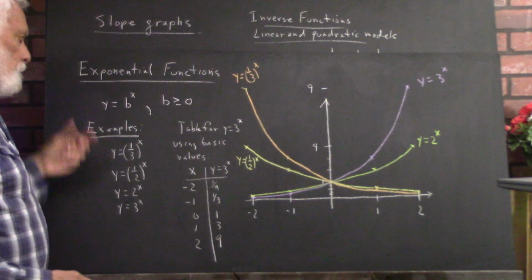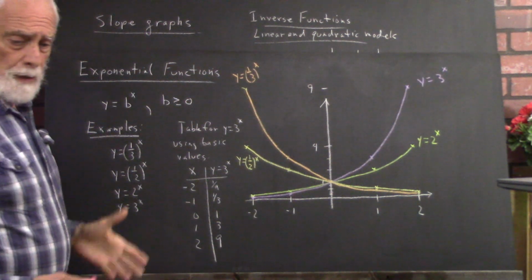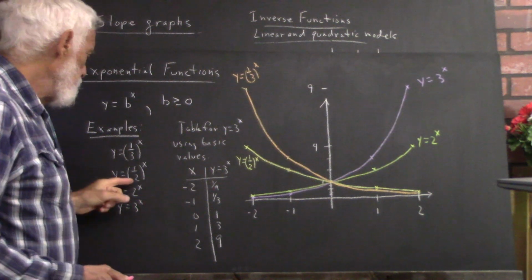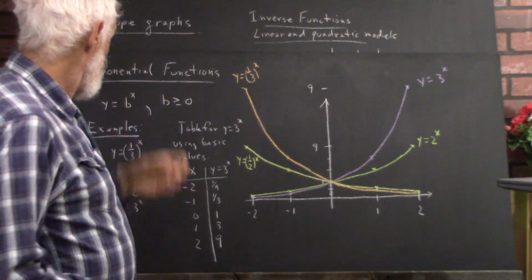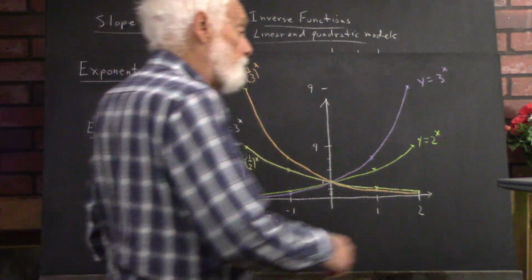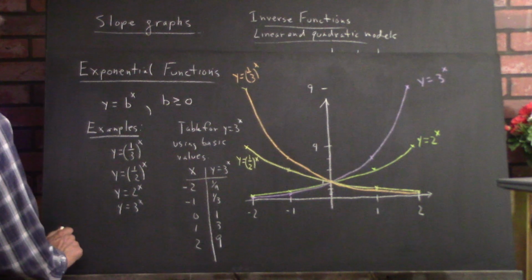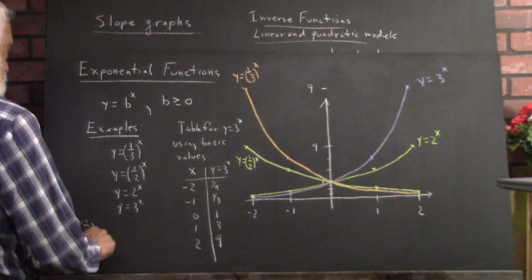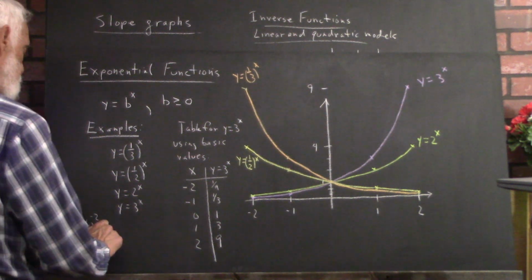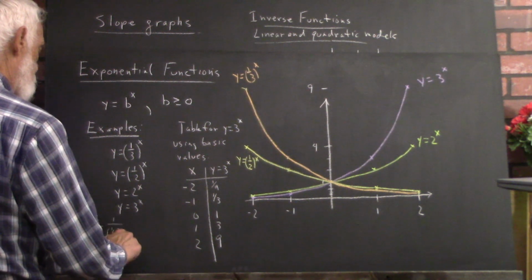Okay, so let's see. Now, 1/3 to the x and 1/2 to the x. I'm not going to do the arithmetic for you, but if you make a table for 1/3 to the x and 1/2 to the x, for example, I wasn't going to do this, but I will. Just a little example here. 1/2 to the -2 is the reciprocal of 1/2 squared.